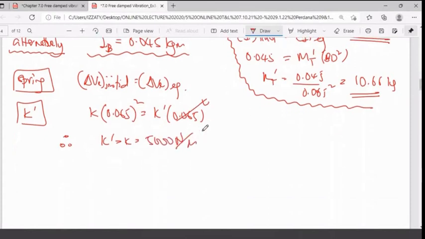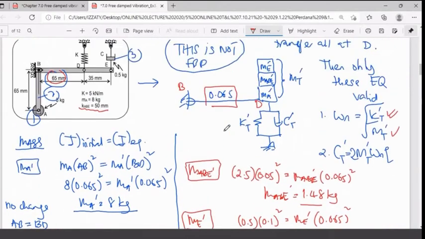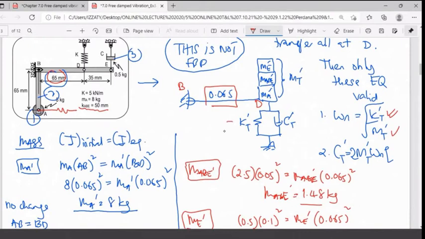But you also have another one, remember? You have another one here. You have a spring here, remember? The effect from the pendulum. So the KT is basically equal to the K plus the KP, but KP will be at A prime.